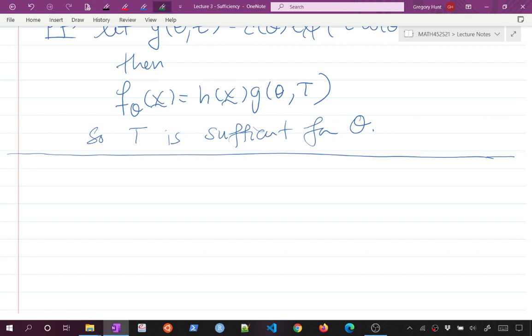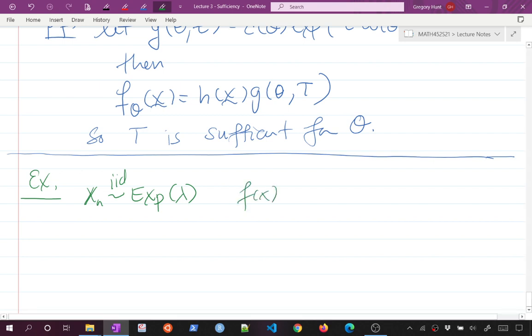So maybe we should just write one example. When we were doing the exponential families, we saw that if I have data that comes from an actual exponential distribution, different than the family, of the form f of x is lambda e to the negative lambda x. This is my marginal distribution.